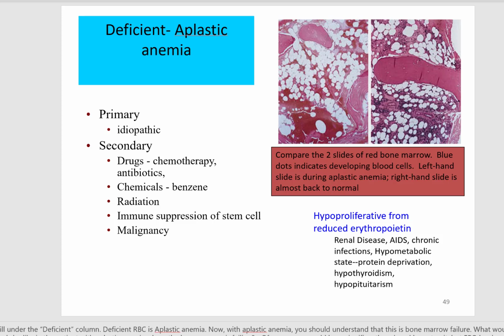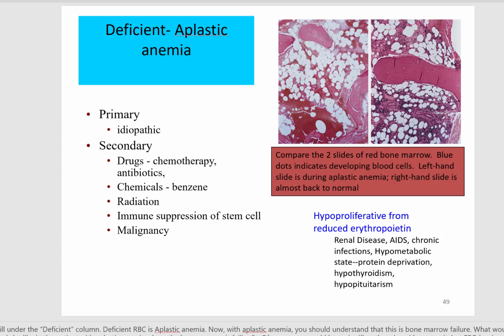Secondary aplastic anemia means we can identify why the hemocytoblast is failing. Again, adverse reactions to drugs, antibiotics, chemotherapy, exposure to radiation, immune suppression of the stem cell, maybe the person's on cortisol, malignancy.